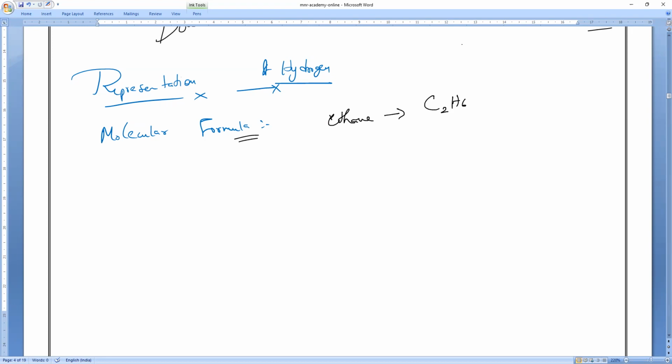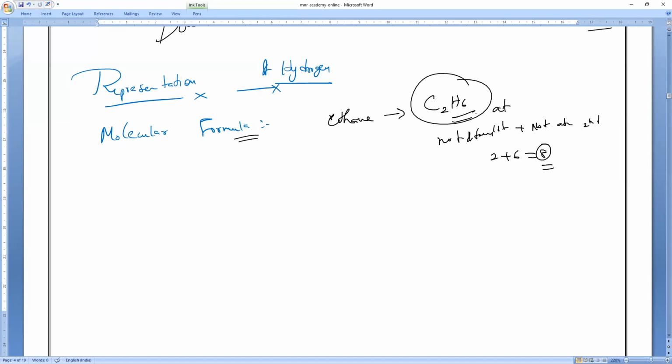C2H6 represents that there are 2 carbon atoms and how many hydrogen atoms? Each carbon atom is bonded with 3 hydrogens. So totally how many hydrogens are there? 6 hydrogen atoms. This is 2, this is 6. You can write number of atoms of first element plus number of atoms of second element. 2 plus 6 equals 8.